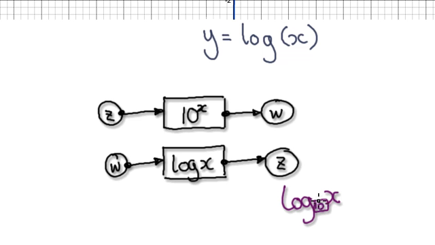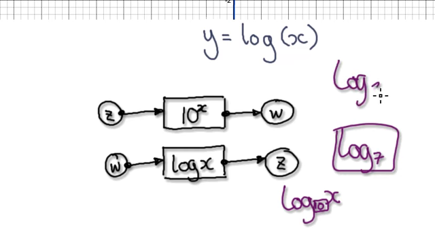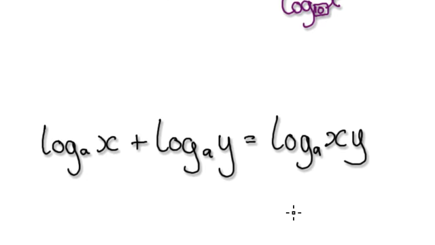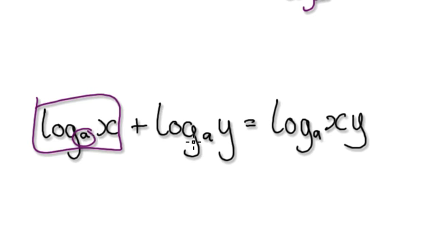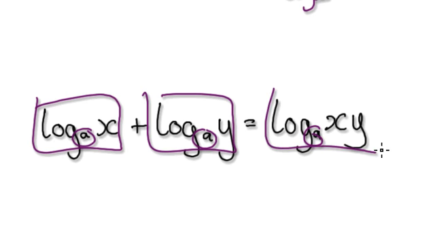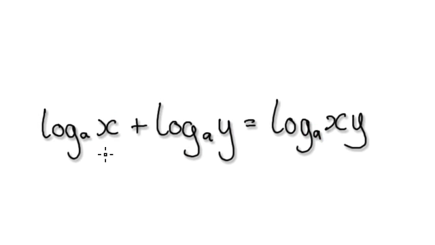The reason we have base 10 and not log base 7 is that there's no button on your calculator for log base 7 or log base 2 or log base 3. We don't need all the others, we only need one. Let's choose 10, because if you look at this formula here, when you have log to the base a, a could be anything, and this will work. If it will work for the base of anything, let's just use one.